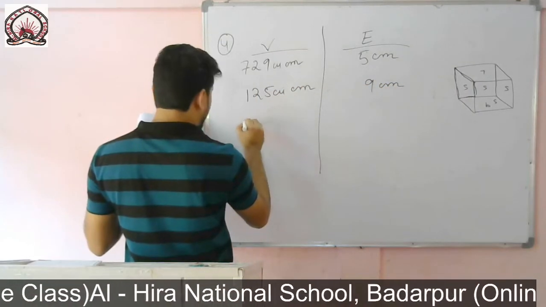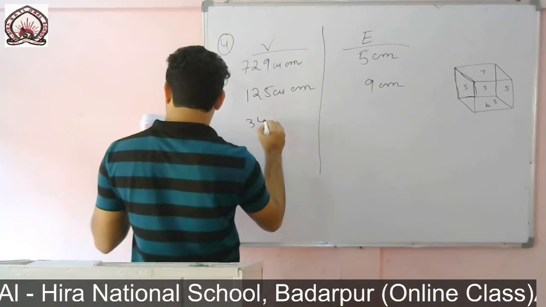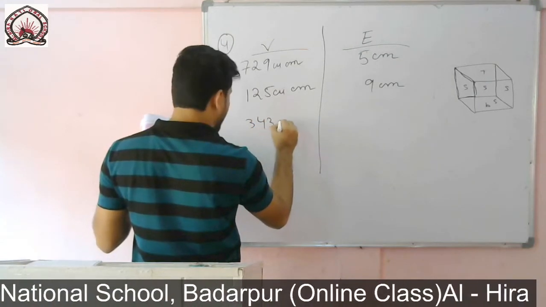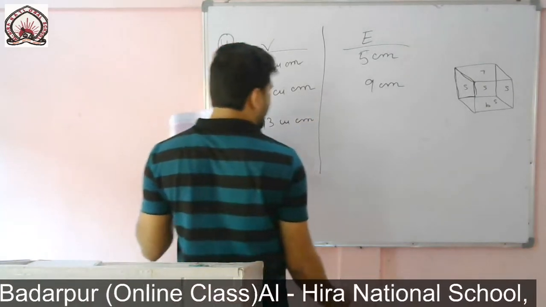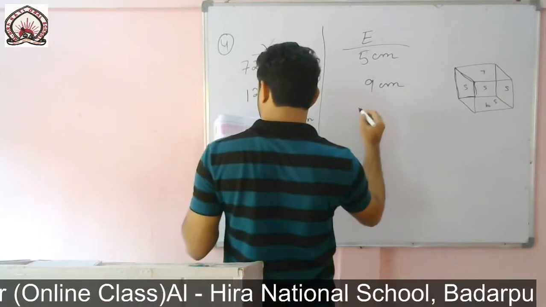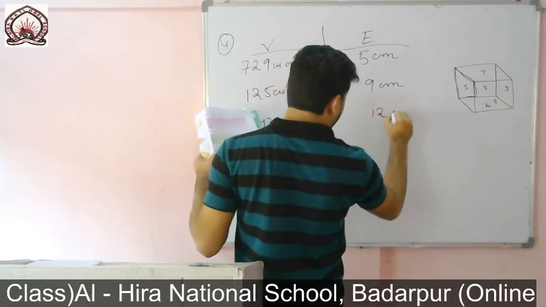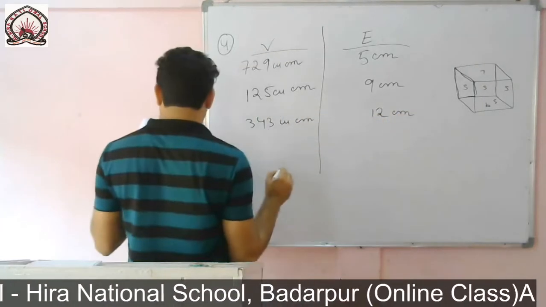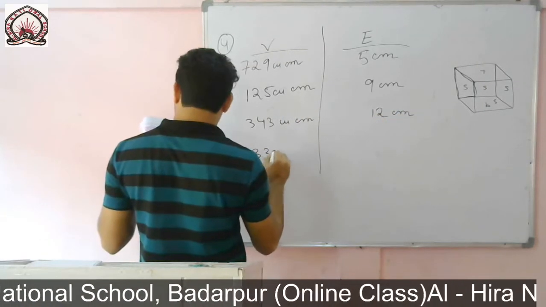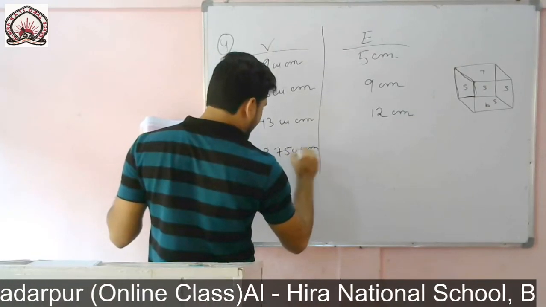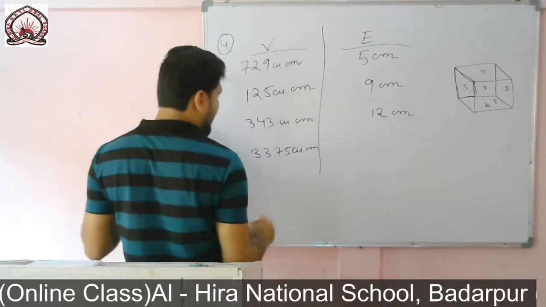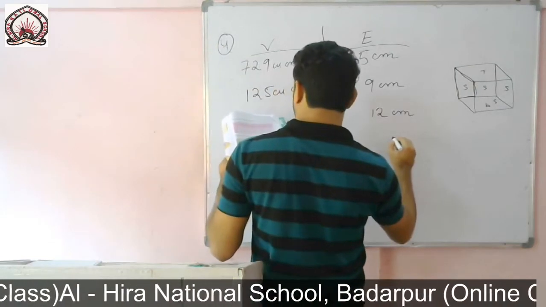After that 343 cubic centimeter and 12 centimeter, okay. 375 cubic centimeter, okay. It will be like this.